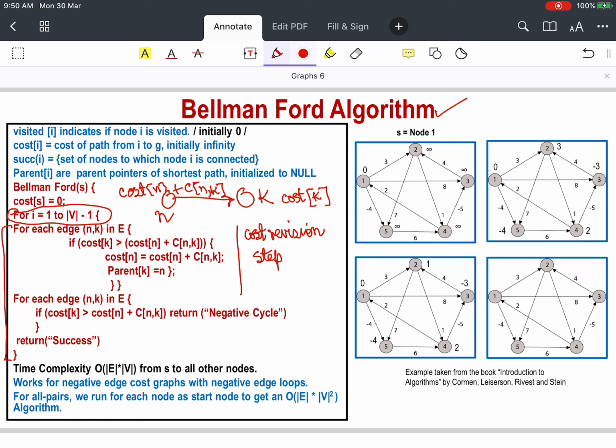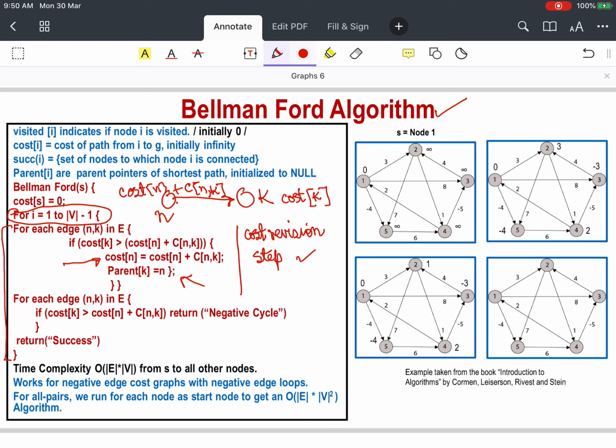If the cost of K is greater than the cost of N plus this edge cost, which means that there is a better path up to K through N, it updates this cost and revises who the parent is. So in every iteration, for every edge, it does this cost revision step as marked here, and it runs for n iterations.